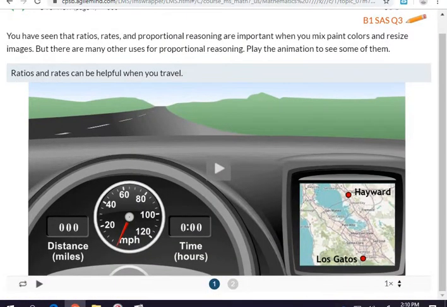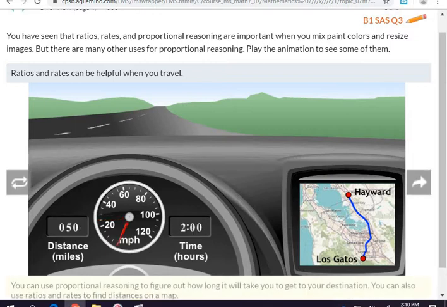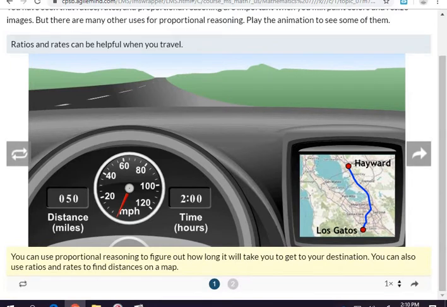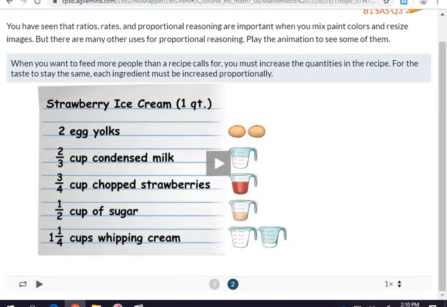Here I have a vehicle, it looks like, and distance and time. Time's going up, distance is going up. Is that an example of a ratio? Yes, it could be an example of a ratio. Well, we already discussed recipes. Are recipes examples of ratios? Yes, because Miss Russell cooked, doubled her recipe.